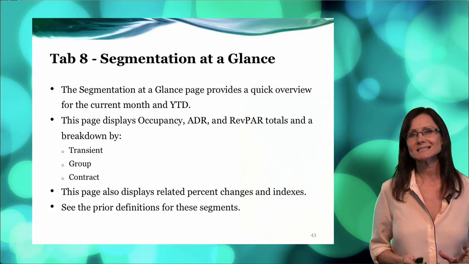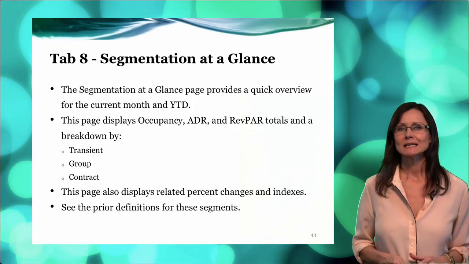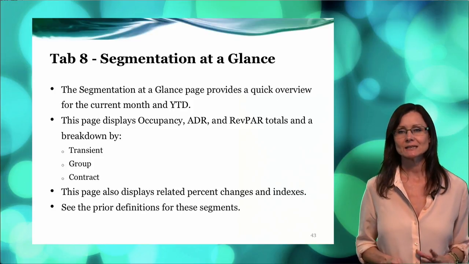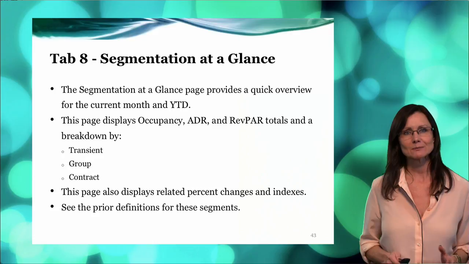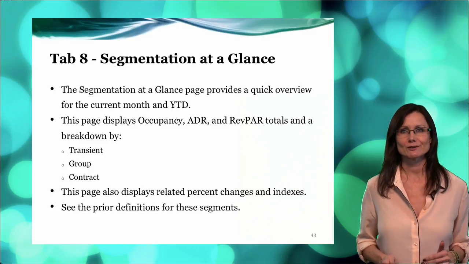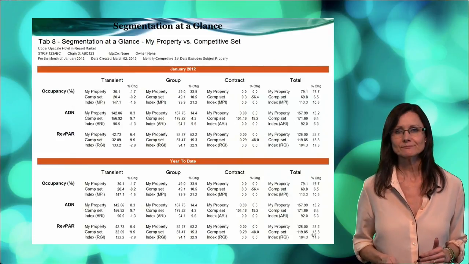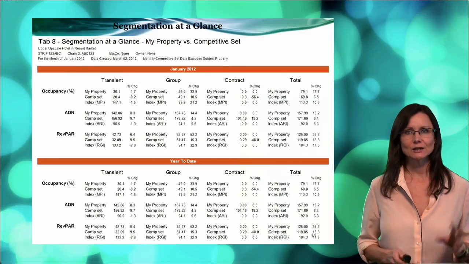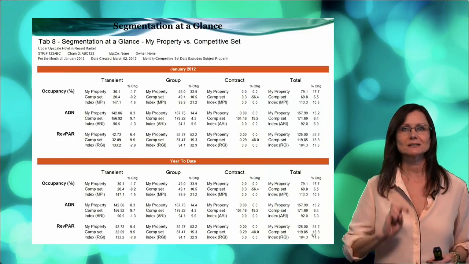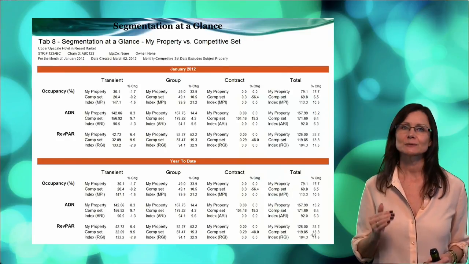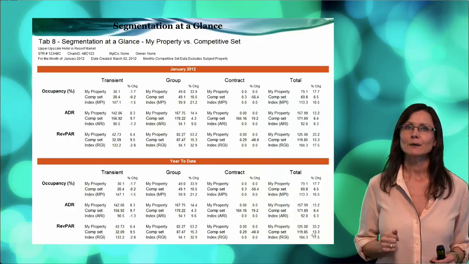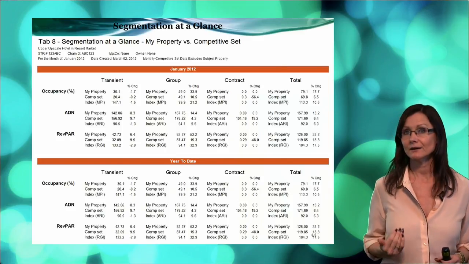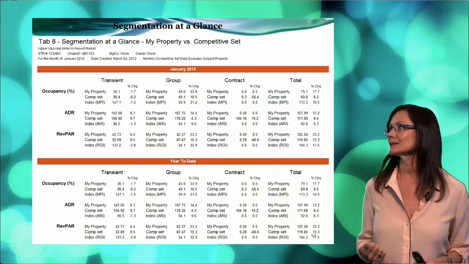All right, now the last tab I want to look at is segmentation at a glance. This is where we're breaking down our market segments by transient, group and contract business. So you can see the columns, transient, group, contracts. We can see occupancy, ADR and RevPAR, and we can compare my property to the competitive set.